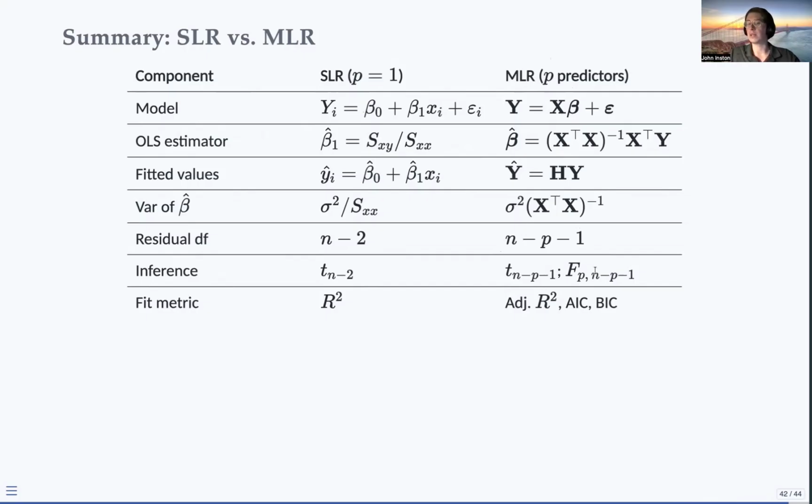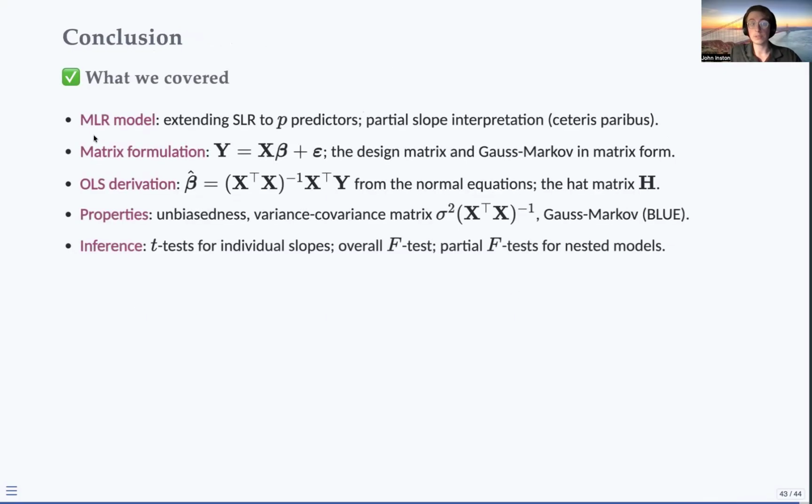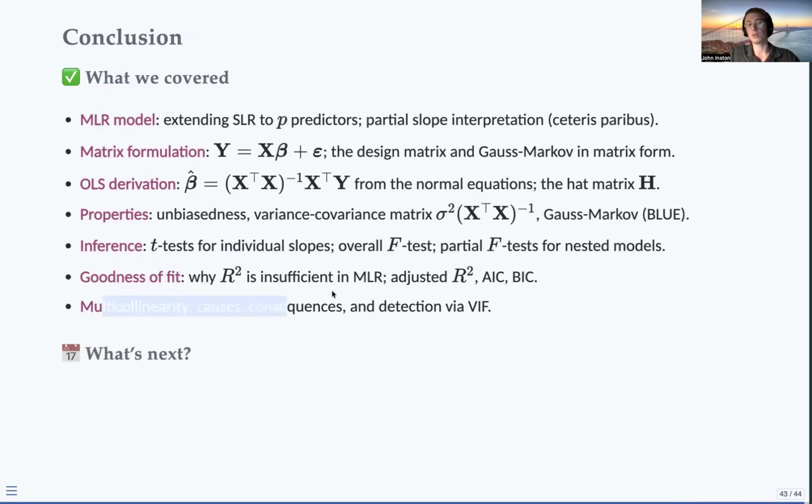Also potentially the more complicated tests we have to do for the inference, but I digress. We've, I think, successfully covered the multiple linear regression model. We've looked at the matrix formalization. We derived the OLS. We looked at some of the properties, although somewhat briefly, I admit. We looked at inference. We looked at the goodness of fit. We did not look at multicollinearity, and we will not be doing for a second.